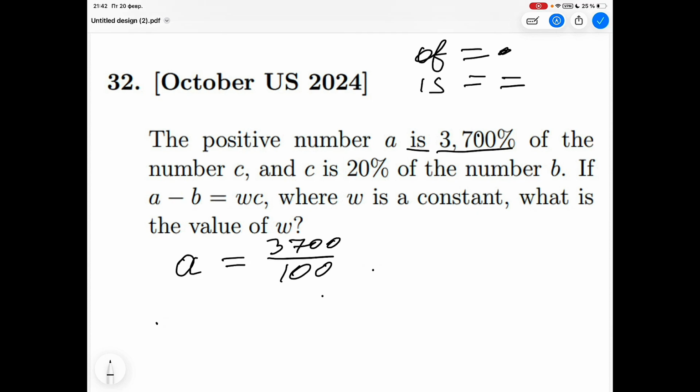And of, I see the word of, which means multiplication, of the number C. Okay, we got our equation, and they continue by saying C. I do see the word is, which means equal sign, 20%. 20% of the number B. Okay, we got this.